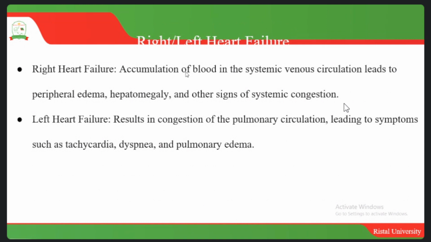So it leads to tachycardia, because the heart is not able to receive any more. It is already filled and it is trying to force. Then the person starts having palpitations. The heart tries to pump very fast to compensate. The person can even have difficulty in breathing, because now the lungs and the heart are all struggling, and there will be pulmonary edema, accumulation of fluids in different areas of the pulmonary system or pulmonary circulation.